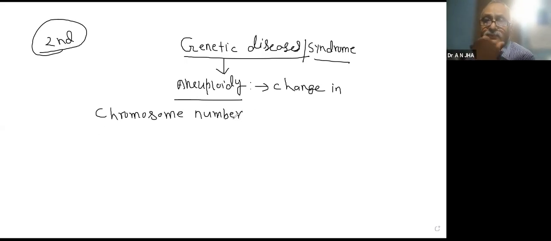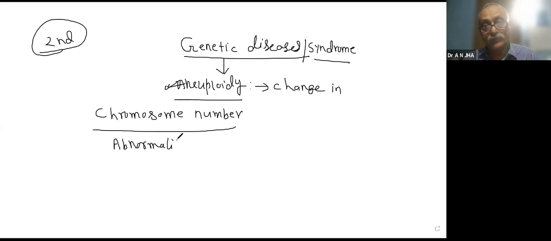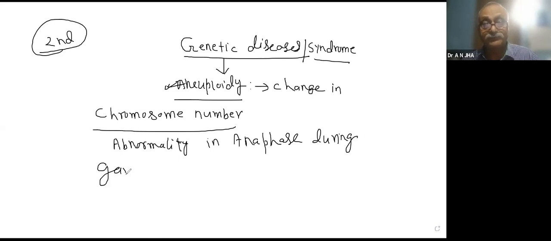Now the question arises: how does the number get changed? That I explained, it is only due to abnormality, anomalies in anaphase during gametogenesis, during gamete formation.